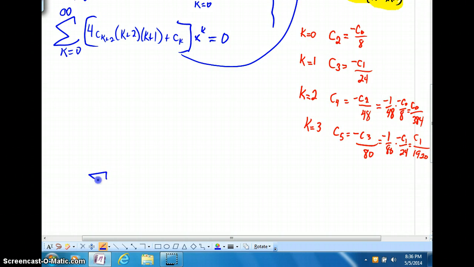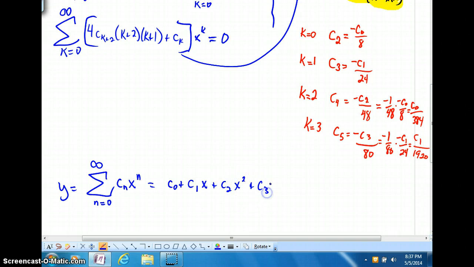But if I were to go back and say, from n equals 0, the sum of c sub n x to the n, this is what my solution would be: c sub 0 plus c sub 1 x plus c sub 2 x squared plus c sub 3 x cubed plus c sub 4 x to the 4th plus c sub 5 x to the 5th, and so on.